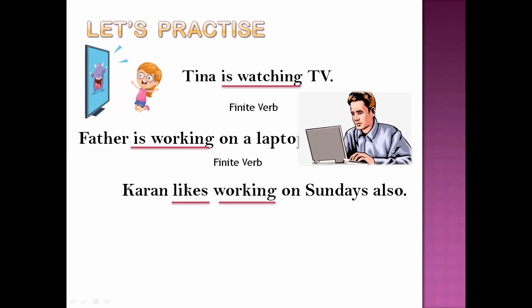So this verb will change as per the number of the subject. That is why it is a finite verb. But this verb working will remain the same. So it is a non-finite verb. Even if you change the sentence to they like working on Sundays also, the verb working will remain the same, right? It will not change. That is why it is a non-finite verb.